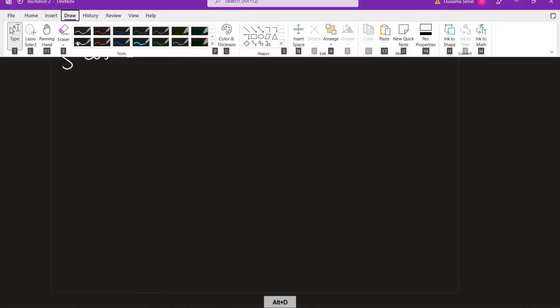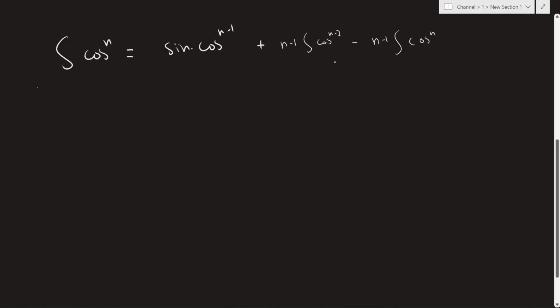Okay. So now you need to open your eyes. I see cosine^n on the right and on the left as well. So what we'll do is that I will move this to the left. So it's going to be the integral of cosine^n. Since this is minus, it's going to become plus n minus 1.